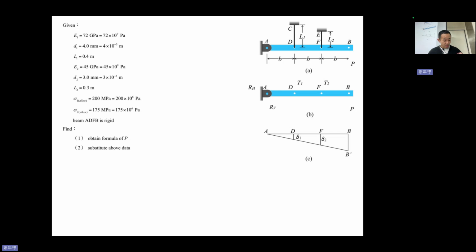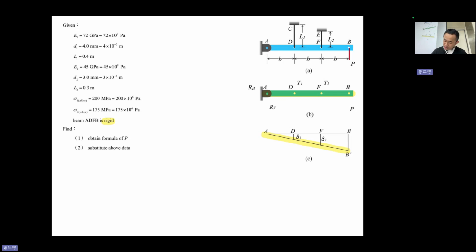Comedian. Yes. All right. The next one: there's a blue bar, ADFBR, which is rigid. This means the bar will never deform.